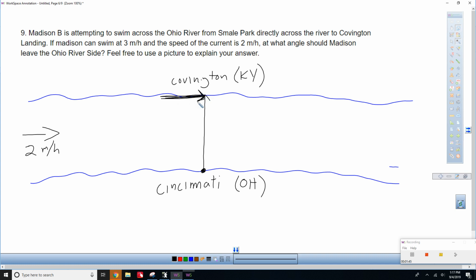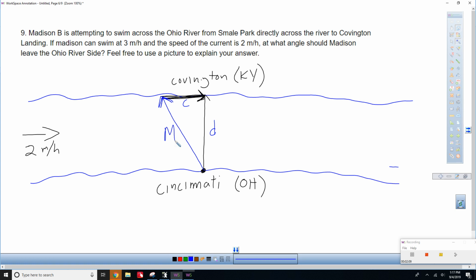So, what we're going to have to do is swim at some angle up the stream. Our task is to find what that angle is. The only thing we know is that, let's see, we'll call this D, we'll call this C, and we'll just call this M for Madison's.